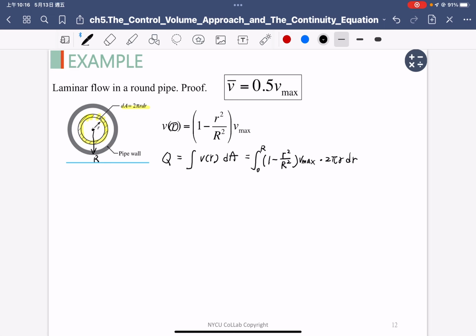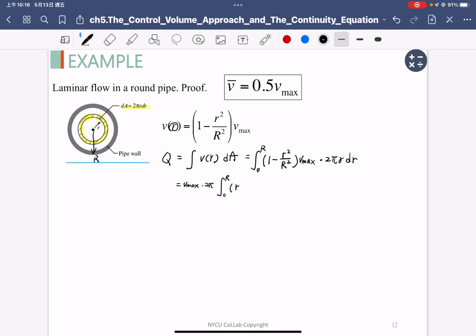Okay, so we can reorganize the equations. We take outside the constant values: V maxima and 2 pi are constants. Inside I only have the integral from 0 to R, and I put the r inside, combined with the velocity function.